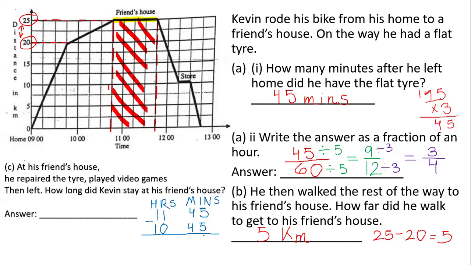Five minus 5 is 0. 4 minus 4 is 0. 1 minus 0 is 1. 1 minus 1 is 0. And so it's going to be what? 1 hour.